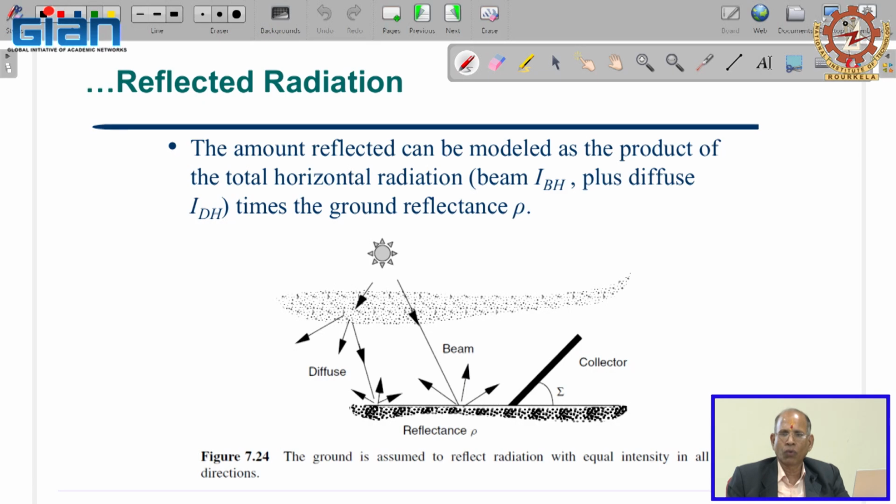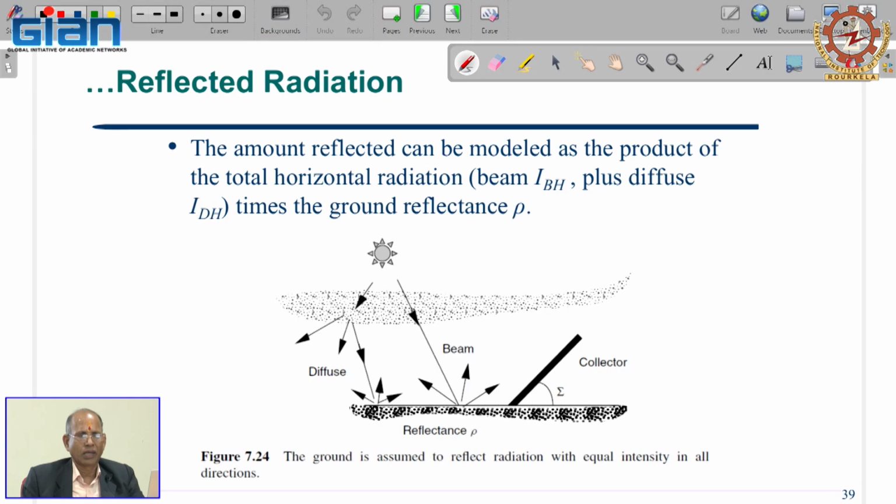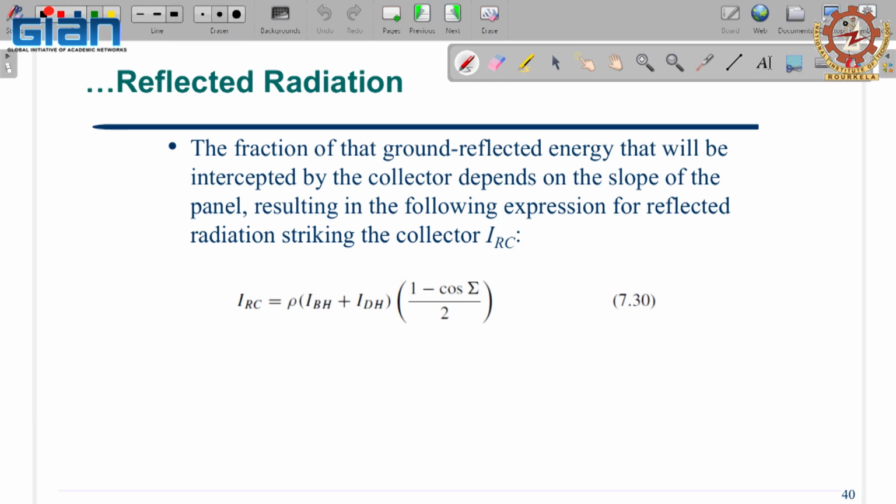The amount of reflected radiation can be modeled as a product of the total horizontal radiation, IBH plus diffuse, times the ground reflectance. So the reflected IRC you can calculate using equation 7.30.